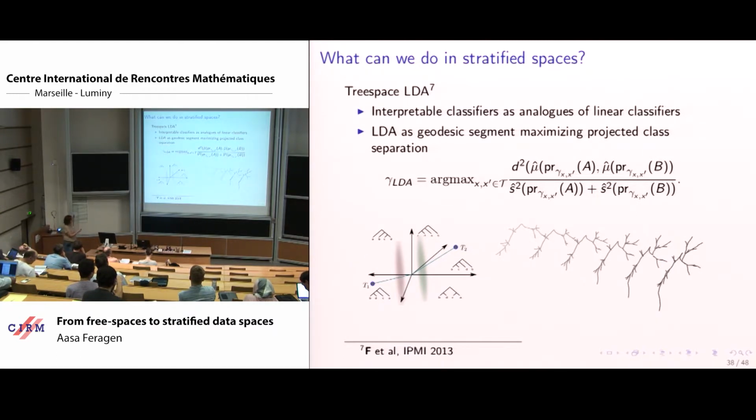We did it using an LDA type of measure of class separation, but in principle you could use a generalization of support vector machines as well, any linear classifier really. What this gives us is a generalization of a linear classifier that I can interpret, because I can look at how my trees vary as I move from one class to the other.